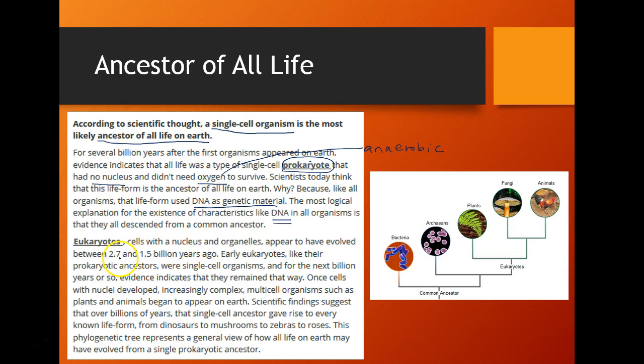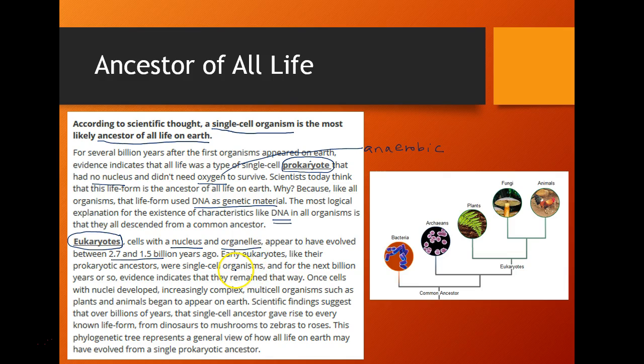Later on, maybe around 2.7 or 1.5 billion years ago, we now had eukaryotic cells that were developing and evolving. These eukaryotic cells are more complicated because they have both a nucleus as well as organelles.